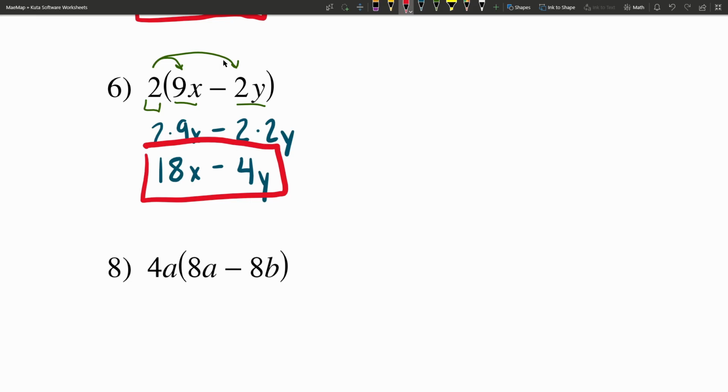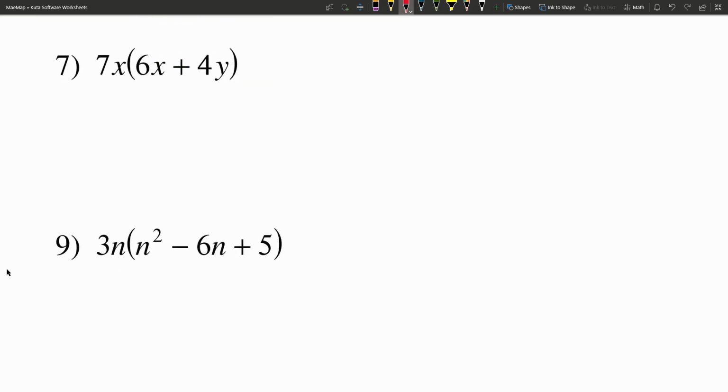Let's move on to number 7. For number 7, we have 7x times 6x plus 4y. Now note, if this 4y was actually a 4x, I just want to point out that we wouldn't need to even distribute through right away. If this was a 6x plus a 4x, we would be able to add those together because they're like terms.